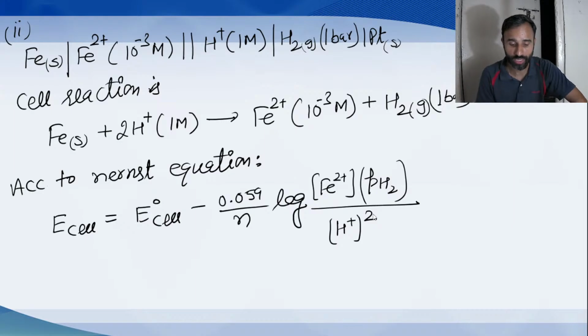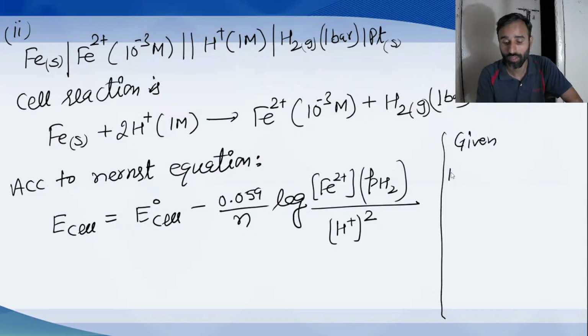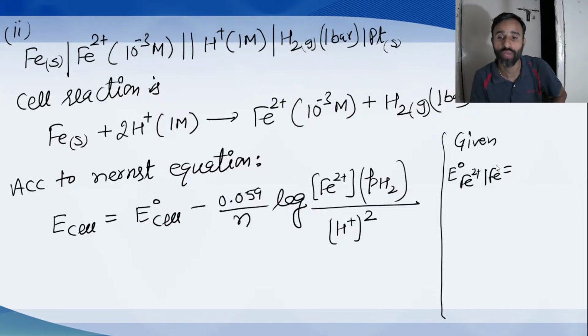Now to calculate E naught cell, first of all we should know E naught values. Keep in mind, E naught values are given to you. No doubt in this question it is not given, but when the question comes, obviously E naught values are given to you. So E naught Fe2+/Fe is minus 0.44 volt.